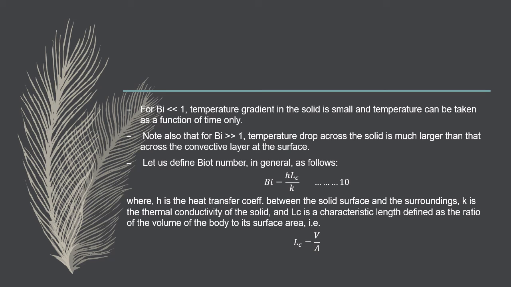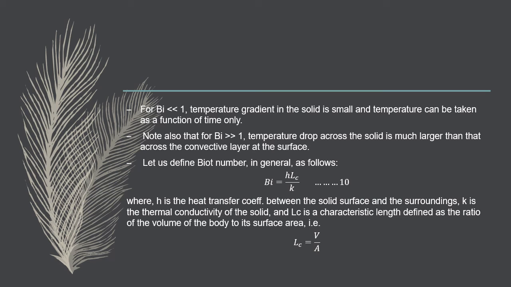For Bi very much less than 1, the temperature gradient in the solid is small, and temperature can be taken as a function of time only. Not only that, for Bi greater than 1, the temperature drop across the solid is much larger than that across the convection layer at the surface. Let us define the Biot number in general as follows.